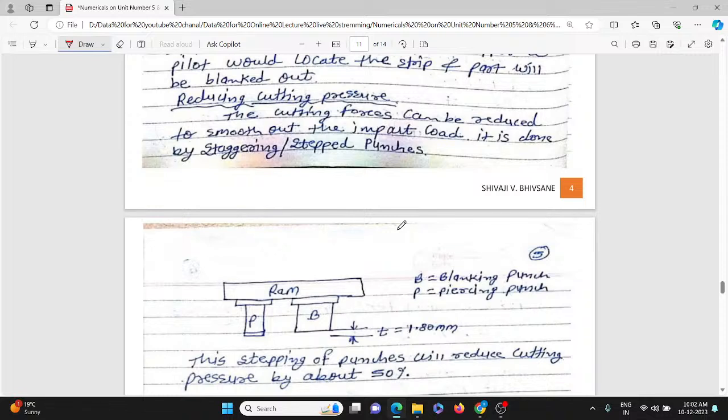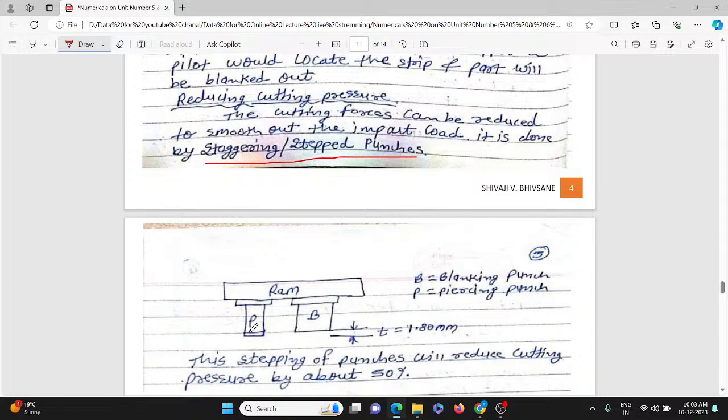That is the first method by which the force required for cutting the material will be reduced. But here you can see a progressive die is used, and that's why on the progressive die the second method will be used, that is called staggering of the punch. Here it is mentioned that the cutting force can be reduced to smooth out the impact load. It is done by staggering the punch.